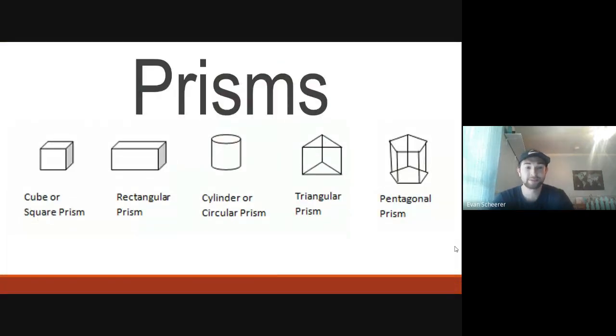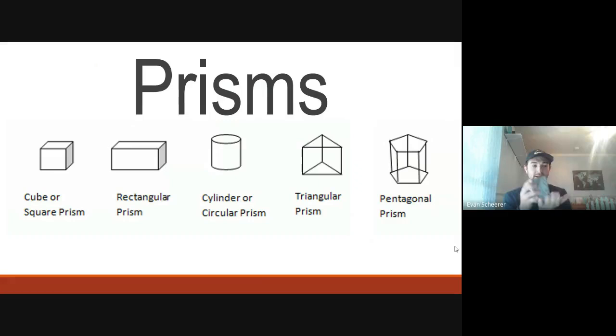So let's look at a prism. You guys should already know what a prism is because we've done volume already, but we have cubes, rectangular prisms, cylinders, triangular prisms, pentagonal prisms, hexagonal prisms. Remember, a prism is anything that has a bottom and a top that's the exact same shape. For example, this right here is a prism because it has a top square and a bottom square, and it has a rectangle on this side, a rectangle on that side, right?